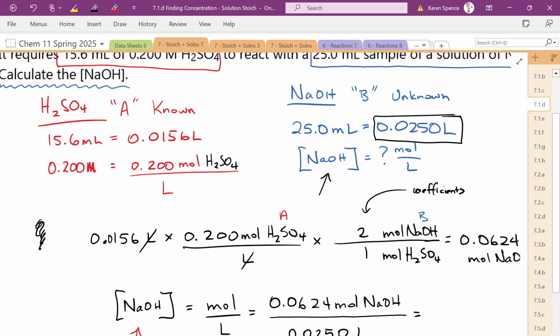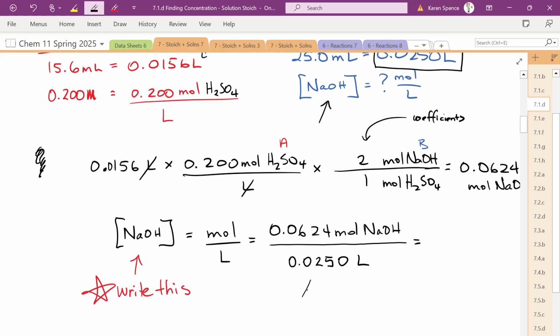Everything for H2SO4 is red, because you don't want to accidentally use the volume for H2SO4 when you're dealing with the concentration of NaOH, because this needs to be moles of the NaOH. This needs to be liters of the NaOH solution. So take care with that, okay? Don't mess it up. If you want, use two pens, one for one and one for the other.